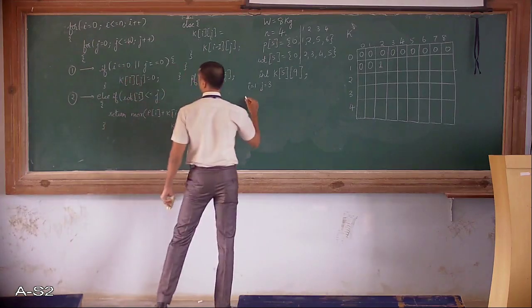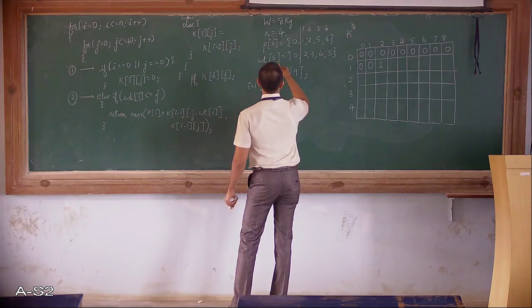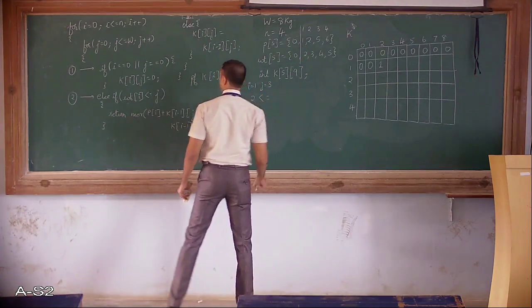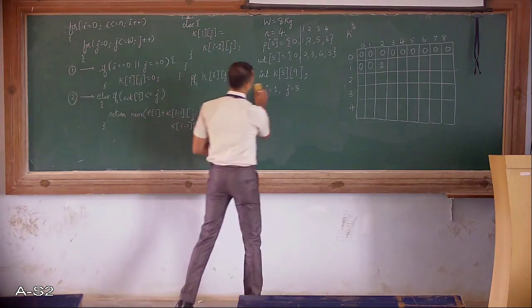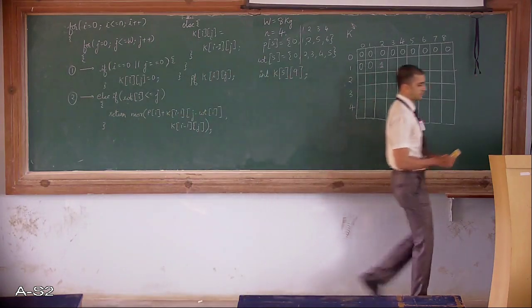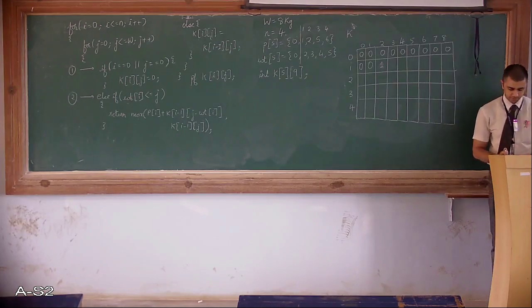Else if weight of I, what is the weight of I? Weight of the first object is 2. 2 less than or equal to j. J value is 3. So similarly, go on incrementing values of I and j and fill up this table.